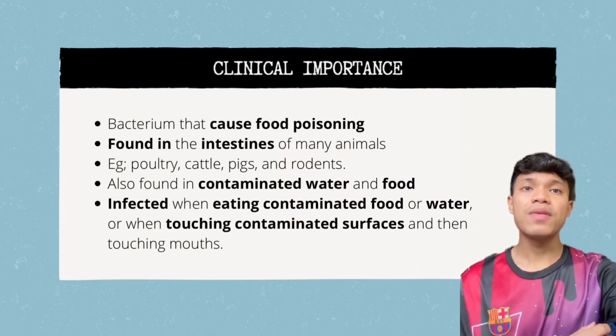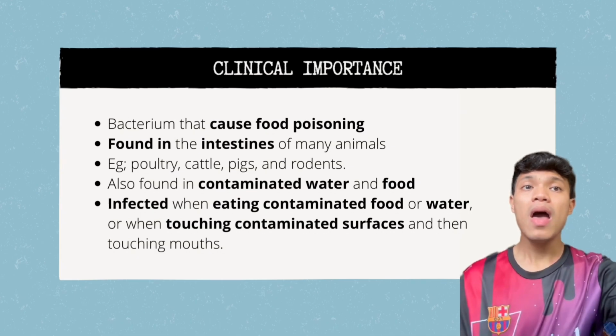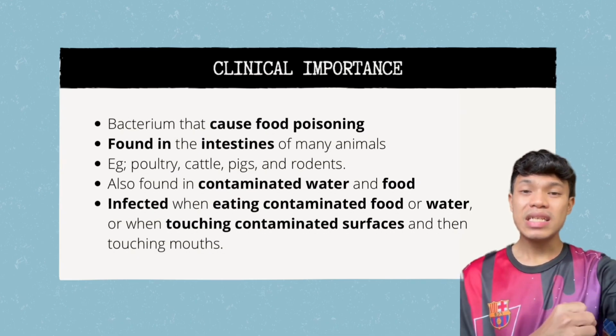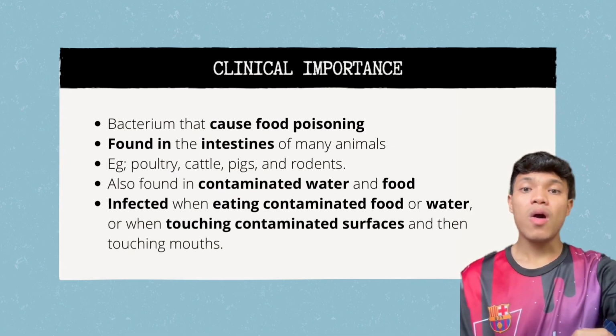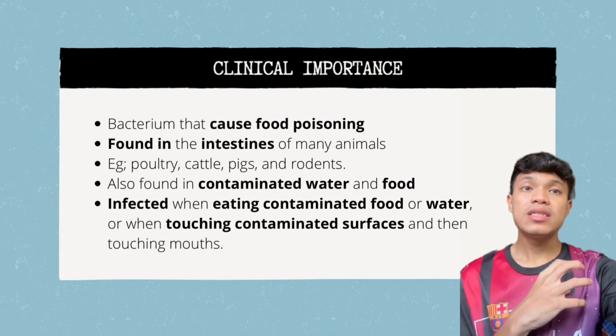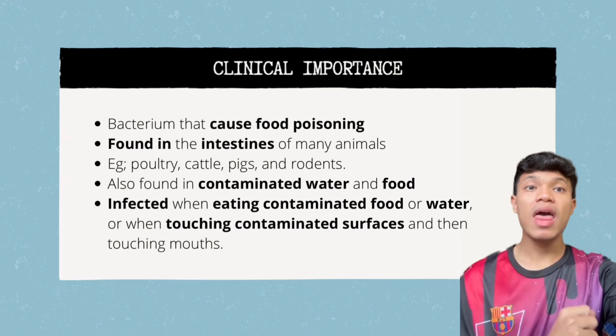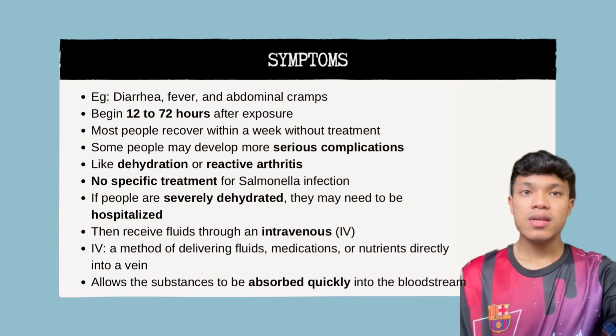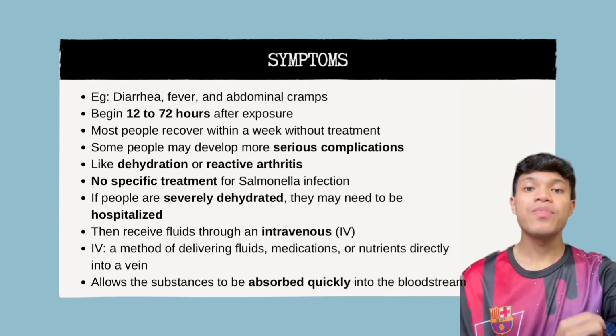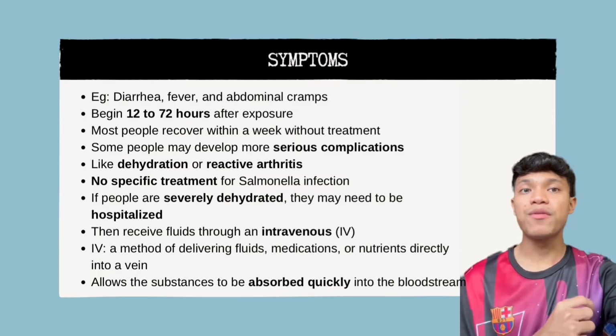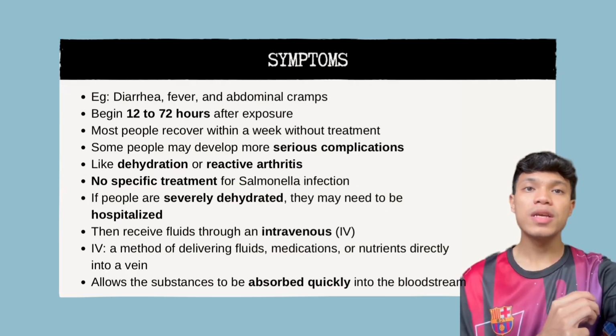People can become infected with Salmonella by eating contaminated water or food, or by touching contaminated surfaces and then touching their mouths. Once you get infected, symptoms of Salmonella infection such as diarrhea, fever, and abdominal cramps usually begin within 12 to 72 hours after the exposure.